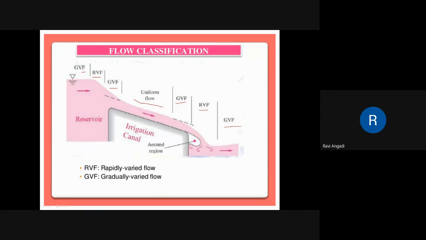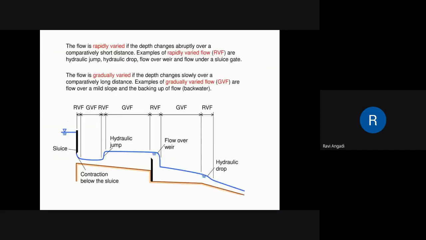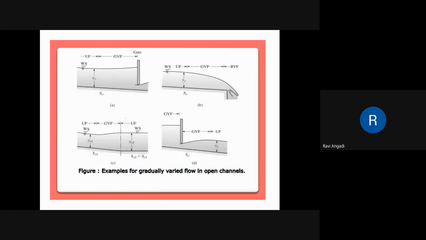So here RVF or GVF means rapidly varied flow and gradually varied flow. These all things we have seen in the previous class, and this is how the examples for gradually varied flow and rapidly varied flow. These all are the examples for gradually varied flow in open channel.